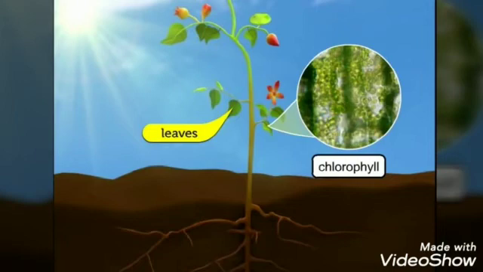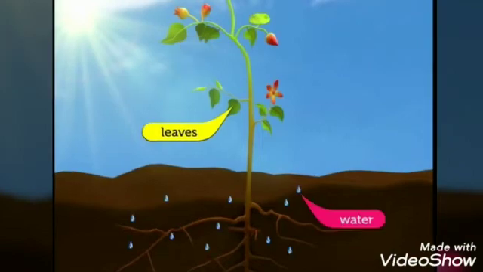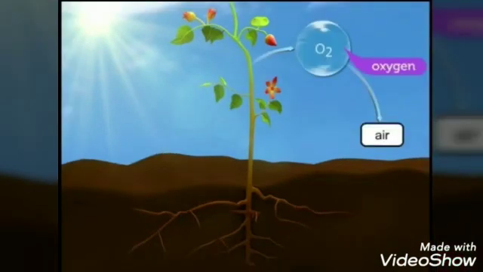In the process of photosynthesis, chlorophyll, the green color in the leaves, traps energy from the sun to act upon carbon dioxide that it gets from the air and water from the soil to make glucose, that is the plant food, and release oxygen, which is given off into the air as a waste product.